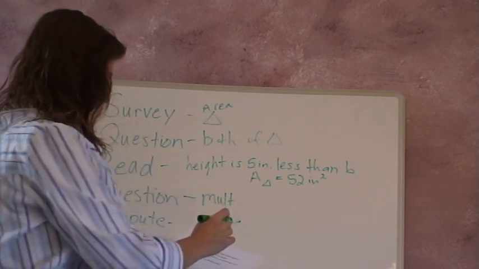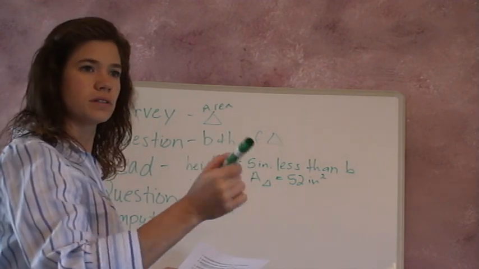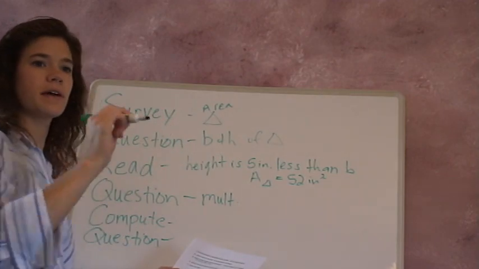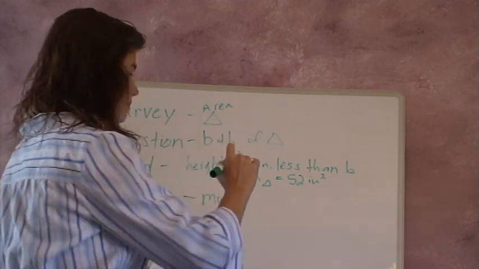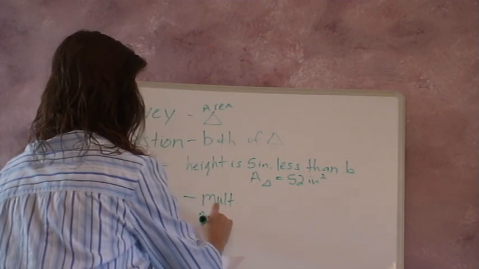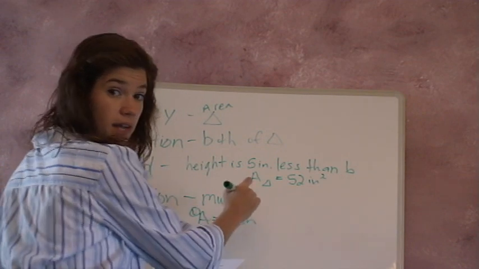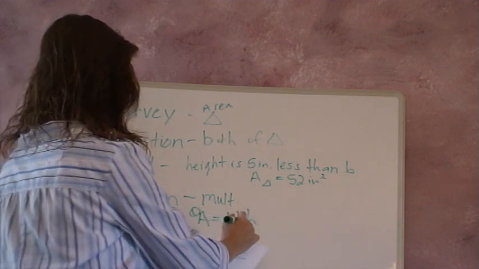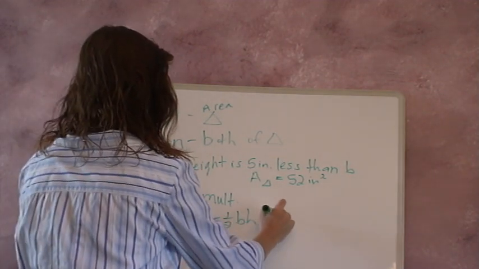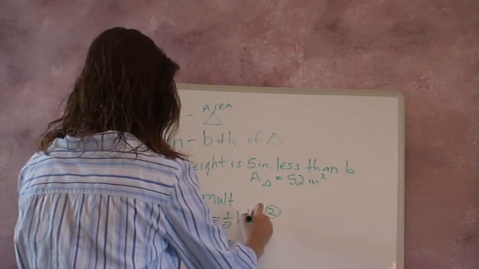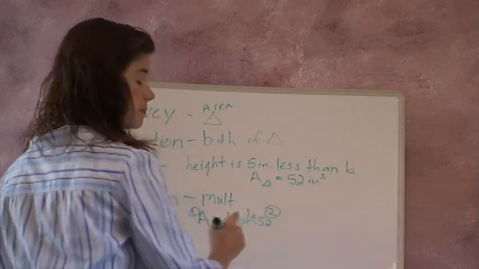So what is the one equation we can use? Sam? Yes, we know that the area equals 1/2 base times height for a triangle, and we know that this is equal to 52.